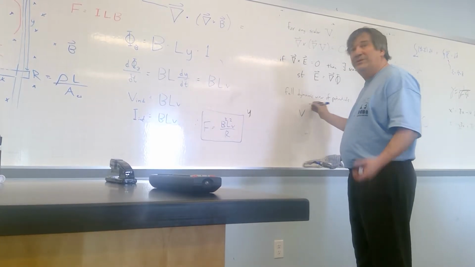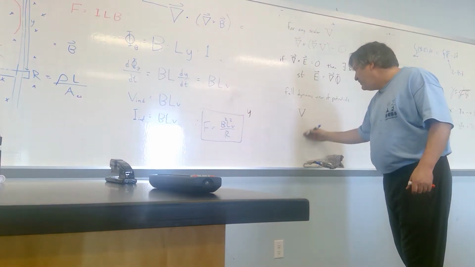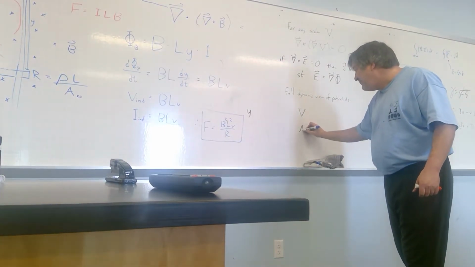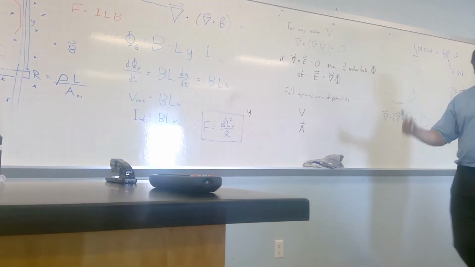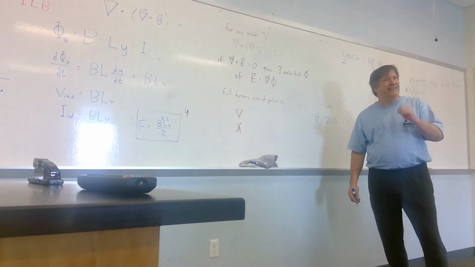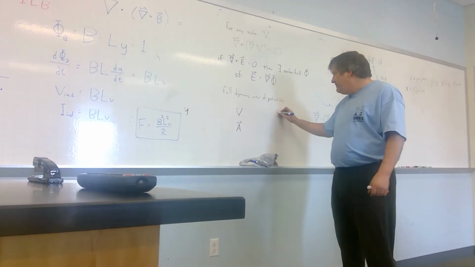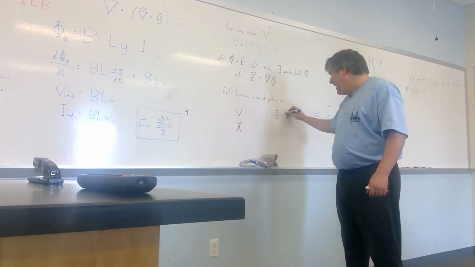You've got your voltage, which is your scalar potential, and you've got a second thing that they call the vector potential, and they usually use A for that. It turns out that both of those are necessary in order to write your E and B fields. Your B field ends up being the curl of A. And I forget if we put a negative sign in front of it or not.